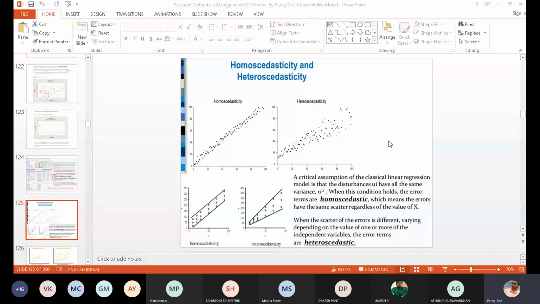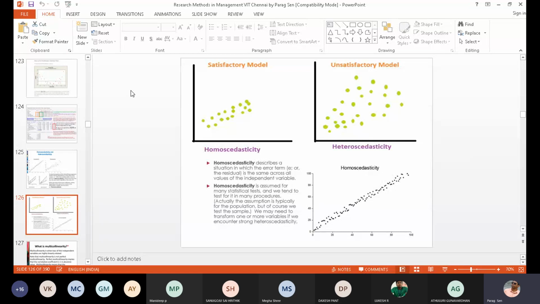So the same thing here also, you can see the satisfactory model and the unsatisfactory model. Homoscedasticity describes a situation in which the error terms, or the residuals, are the same across all values of the independent variables.